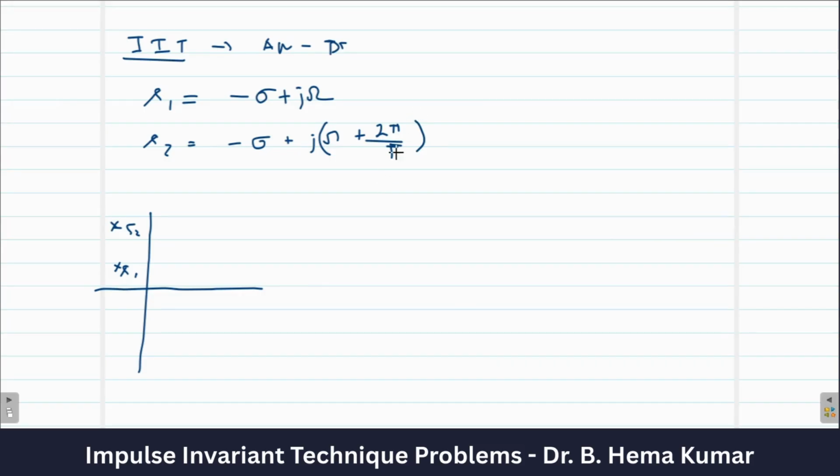Now if we use the transformation of our impulse invariant method, what is the method? Z equal to e power sT. So z1 is equal to e power s1 T. We'll see what happens.